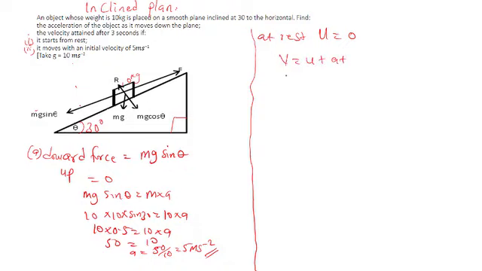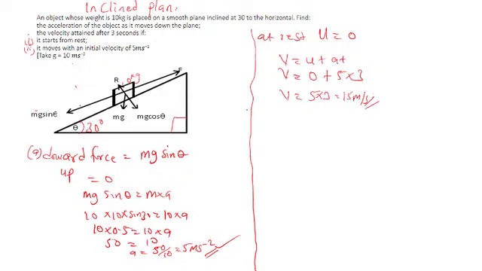Our u is 0, and we are told to find the velocity attained. So v equals 0 plus a, which is 5, times 3 seconds. So v equals 5 times 3, which is equal to 15 meters per second.